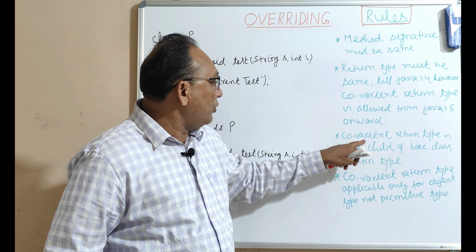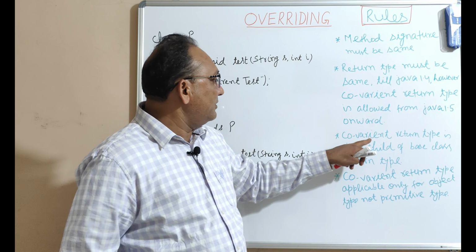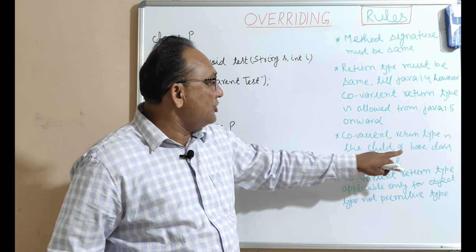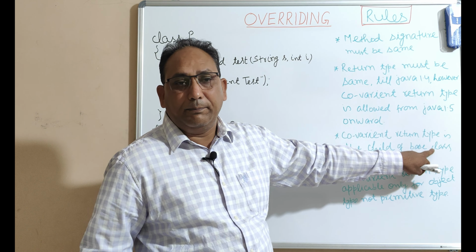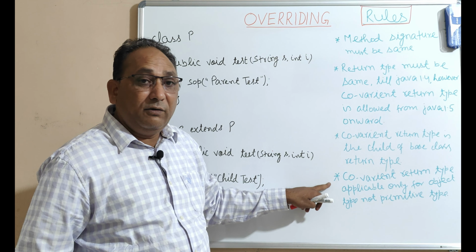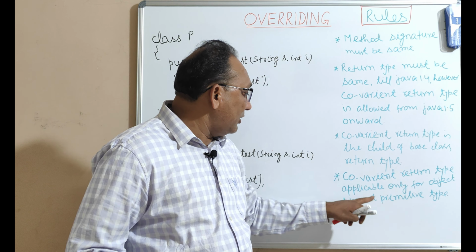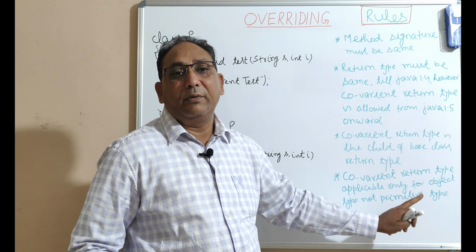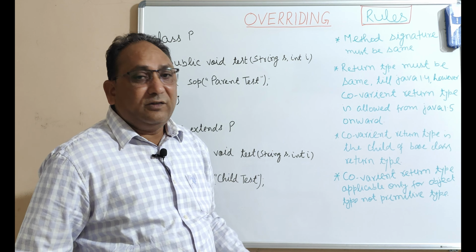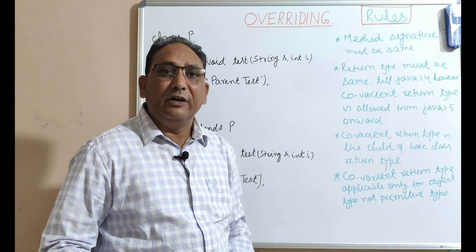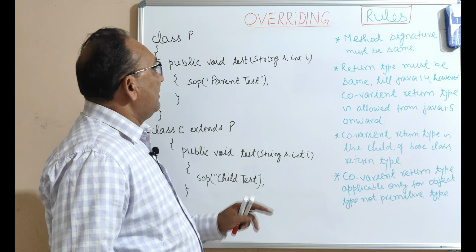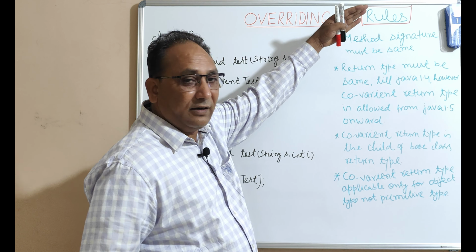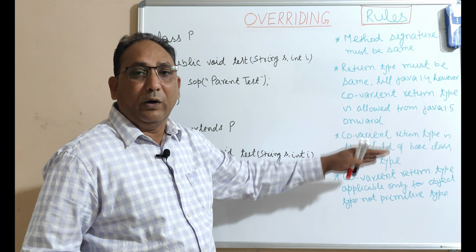It is the child of the base class return type, correct? And one more thing, covariant return type is applicable only for object types, not primitive types. So all these points I am going to discuss in detail. First I will discuss this one, and then gradually follow all these points.